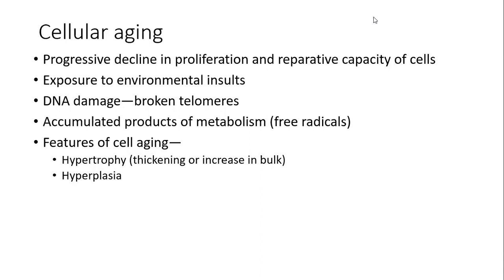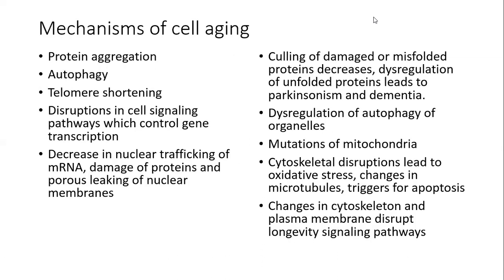And the features of cell aging are hypertrophy, which is a thickening and increasing in bulk. Hyperplasia is another feature. So the mechanisms of cell aging are protein clumping, autophagy, telomere shortening.